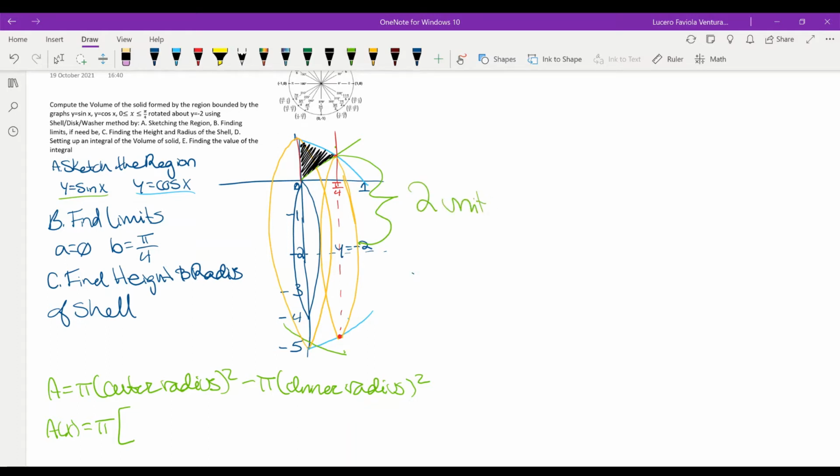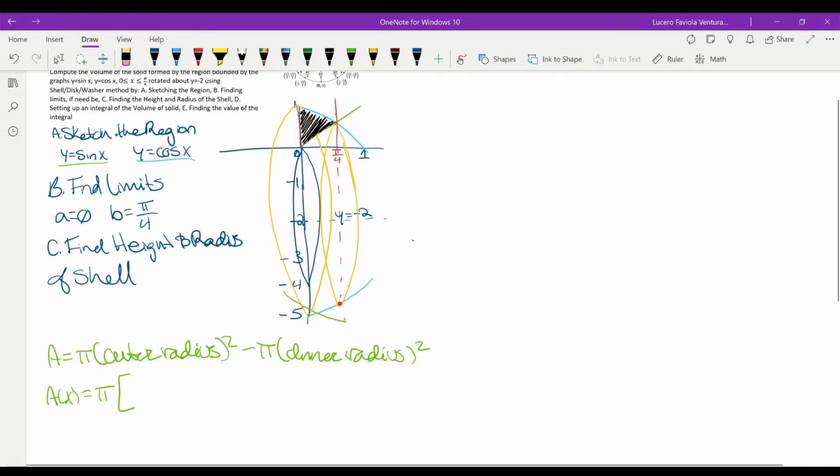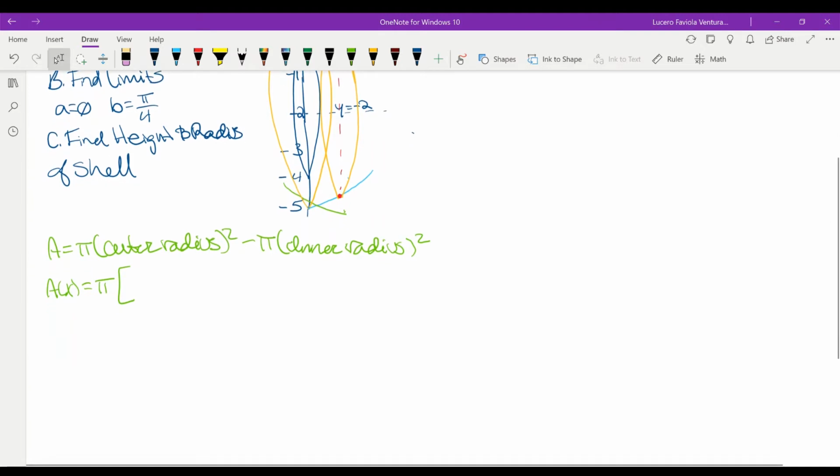So that's what we're adding on to our outer radius, the cosine of x, because it's going up and away from the y. So it would be pi times the outer radius, 2 plus cosine of x squared minus 2 plus sine of x squared.